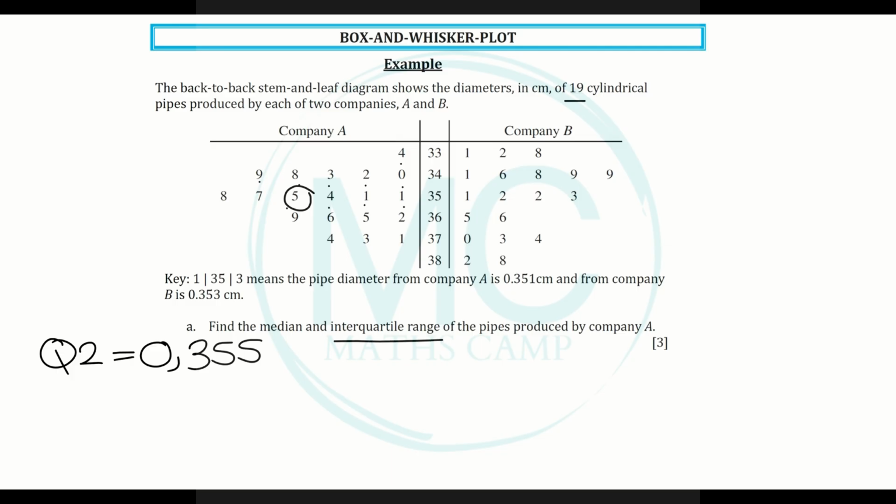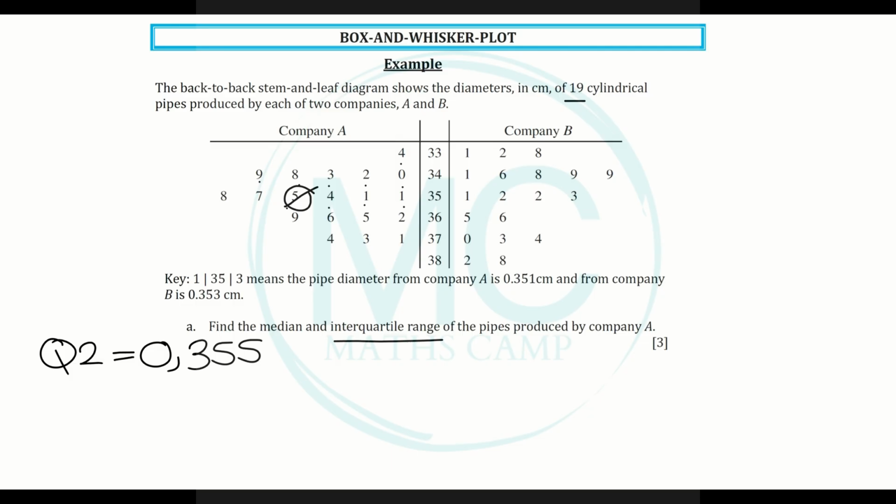The question also wants us to find the interquartile range. So we need the values of Q1 and Q3. We've already used 0,355. We can't use it again. I'm going to scratch it out. We now have 18 values left. 18 divided by 2 gives us 9. There are 9 values on either side of the median. 9 is odd. 9 plus 1 gives us 10, divided by 2 gives us 5.